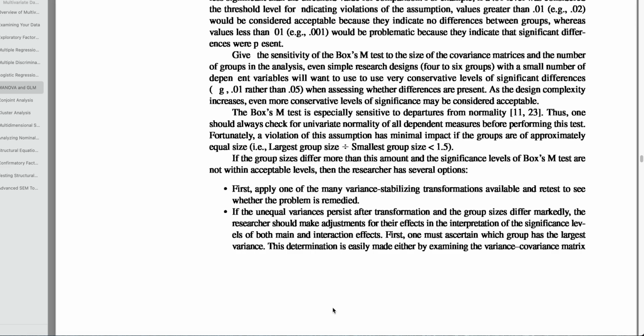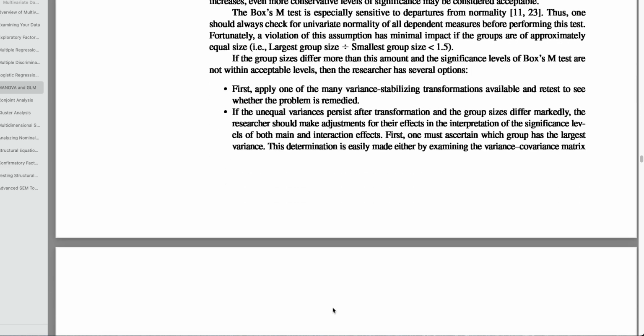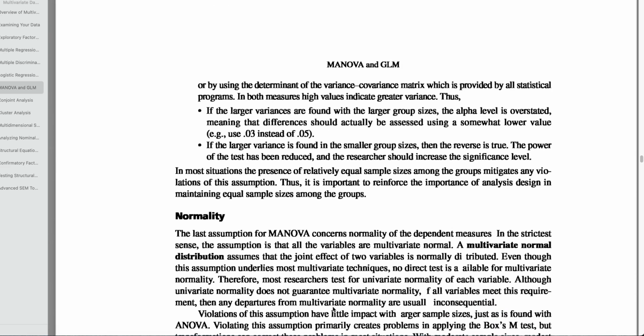First, one must ascertain which group has the largest variance. This determination is easily made either by examining the variance-covariance matrix or by using the determinant of the variance-covariance matrix, which is provided by all statistical programs, with higher values indicating greater variance.